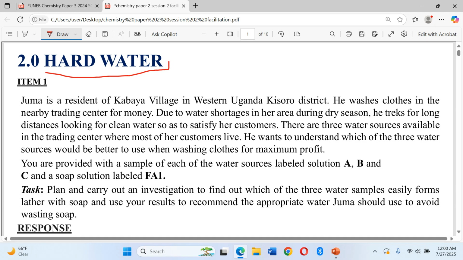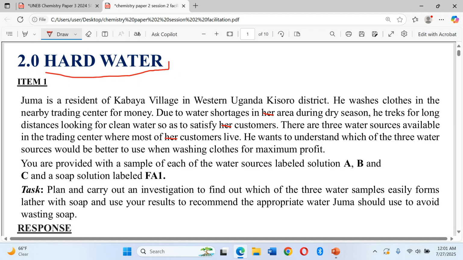Due to water shortages in his area during the dry season, he treks long distances looking for clean water so as to satisfy his customers. There are 3 water sources available in the trading center where most of his customers live.